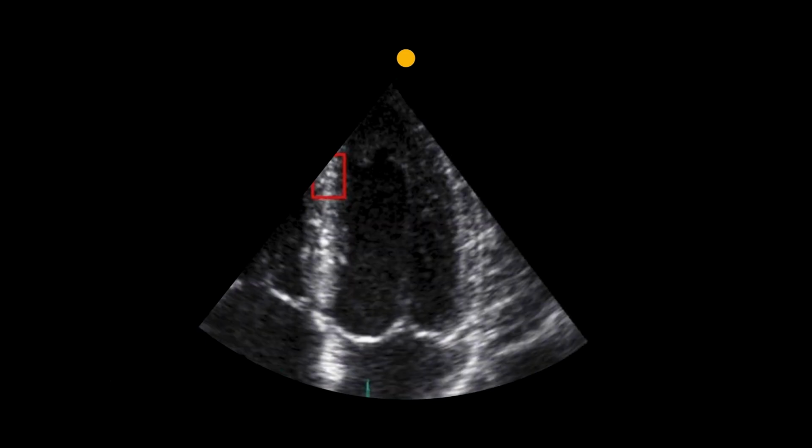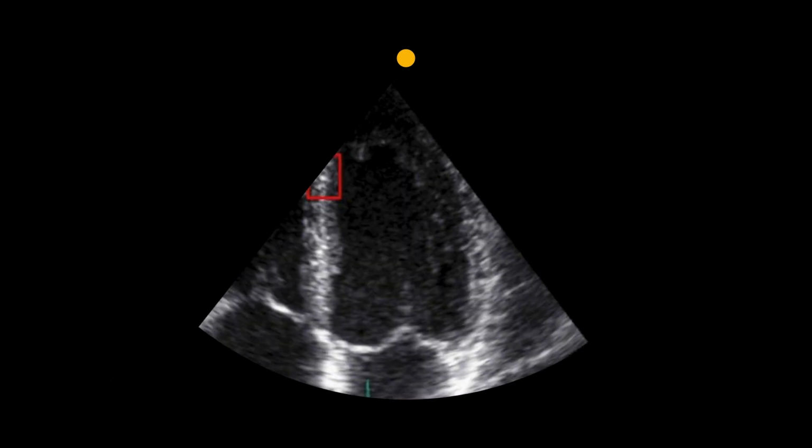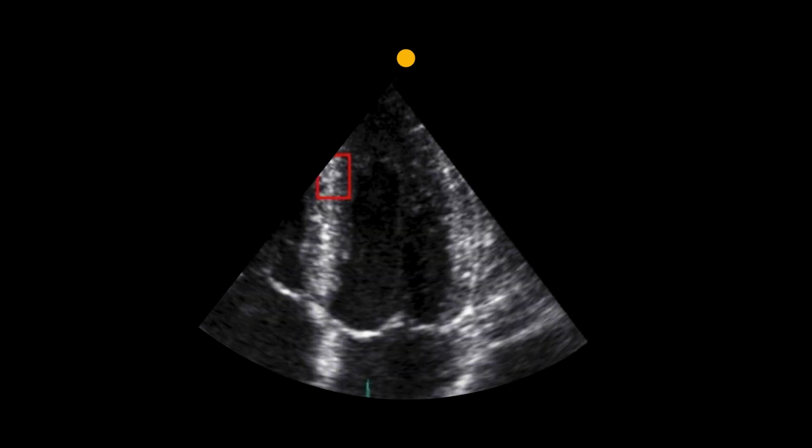measurements. To overcome these limitations of TDI, speckle tracking echocardiography, or STE, was introduced as an advanced modality to detect left ventricular myocardial function. STE is based on tracking every snapshot of grayscale images obtained during echocardiography.